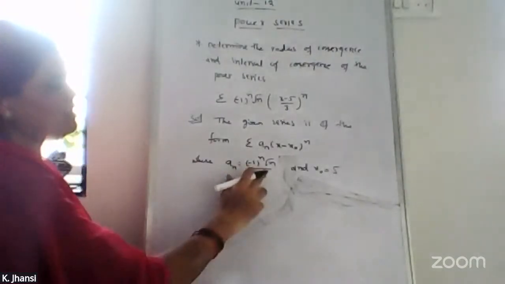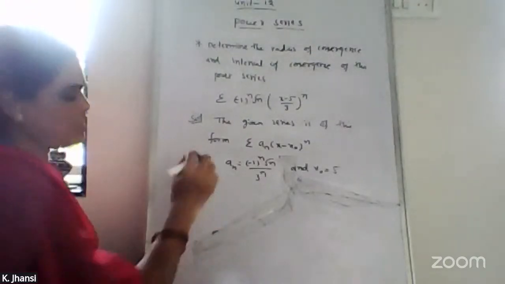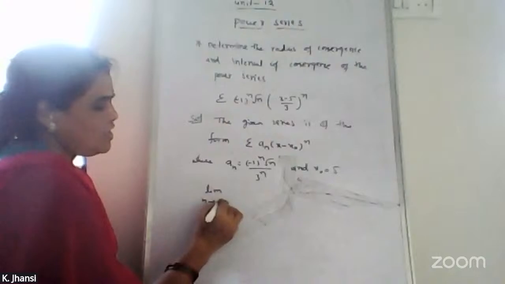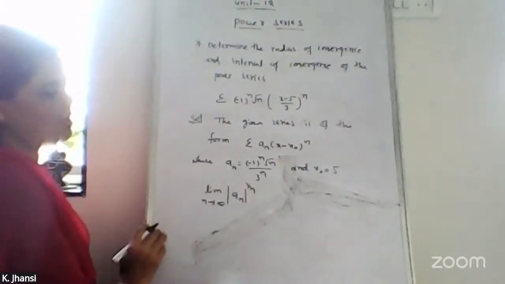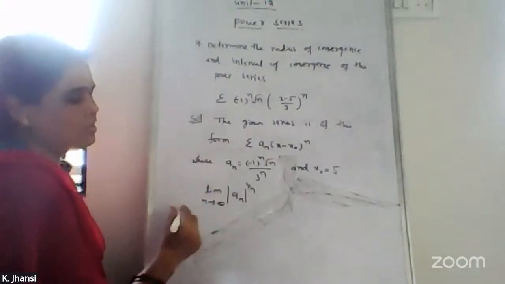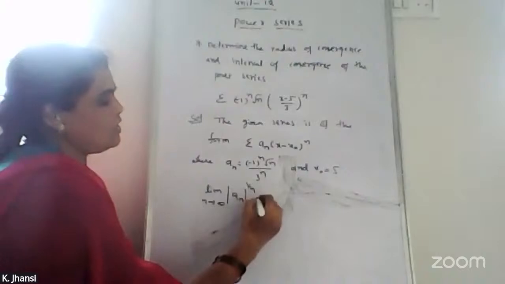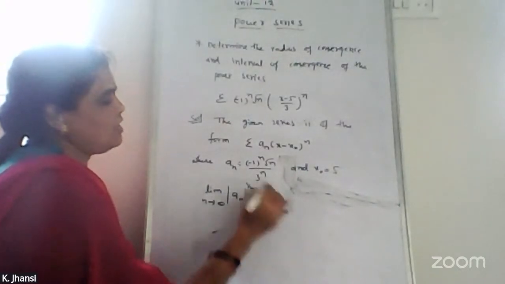So this one to the power of n is there, no, we can use the Cauchy's root test, that is limit n tends to infinity mod of a_n to the power of 1 by n. We have studied this in the 6th unit with the help of the Cauchy's root test. So it is equals to limit n tends to infinity.